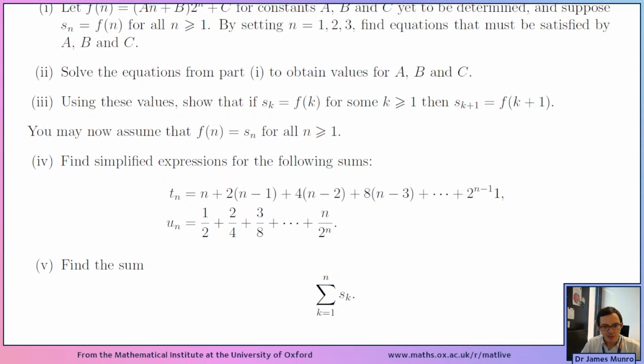The only way you can do this, I think, this last bit. So IV is a bit of, you have to spot what's going on, which is annoying because it can take an unpredictable amount of time to spot the relationship. I'm going to show you the relationship and I'm going to try and explain how I thought of it, although I've seen this question lots of times, so I might be remembering a memory. Maybe you can tell me in chat how you thought of it, if you've managed to spot the link between Tn, Un and the original definition of Sn.